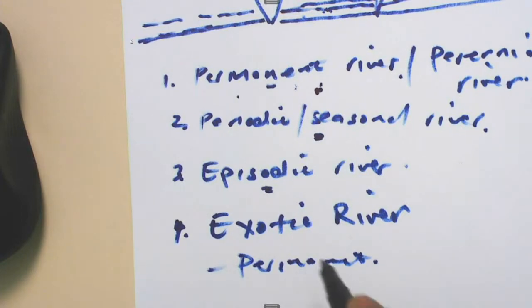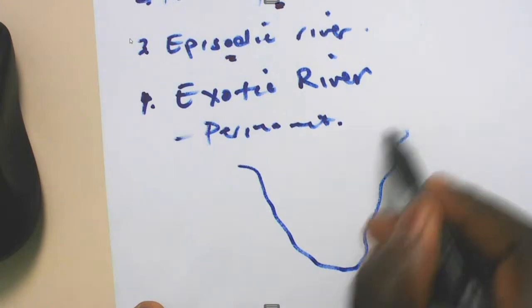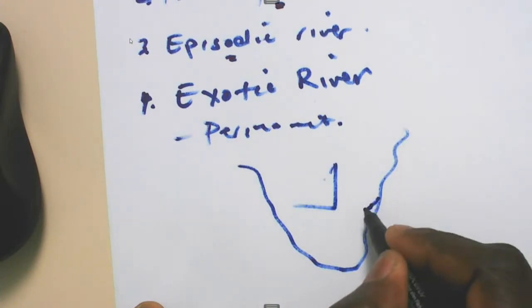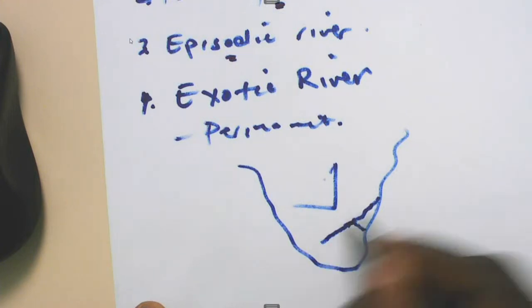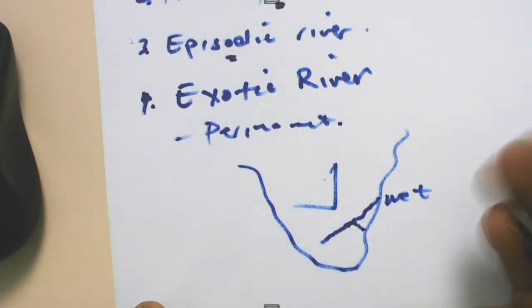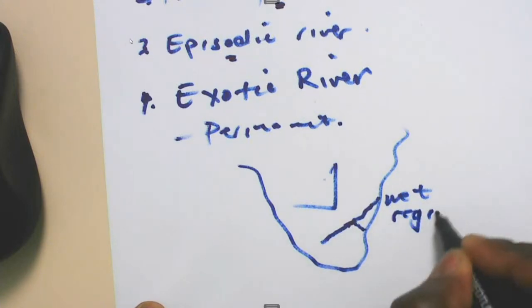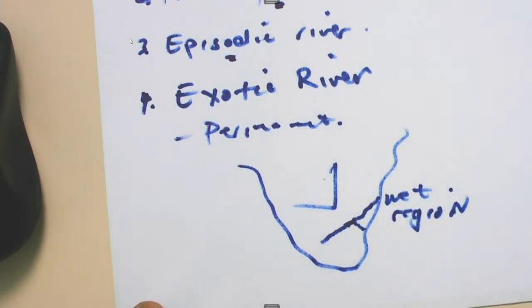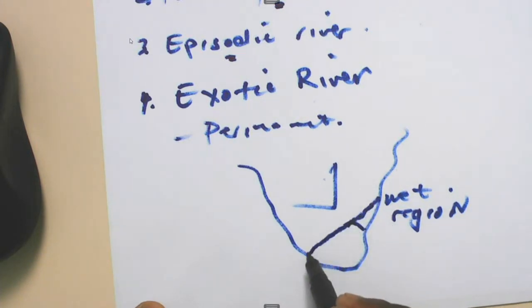But the only difference here is this particular river starts from or gets the water from the east, or from the wet regions. Obviously in South Africa, our wet region is on the eastern side. So this river will flow from the wet region and pass through the dry region.